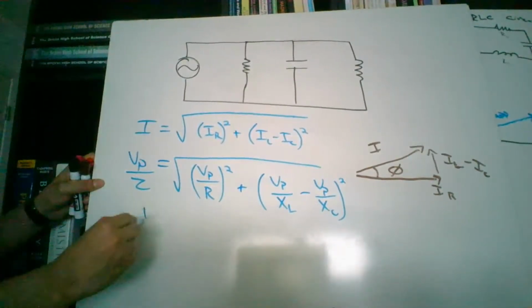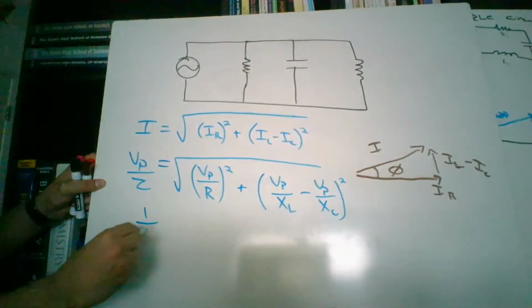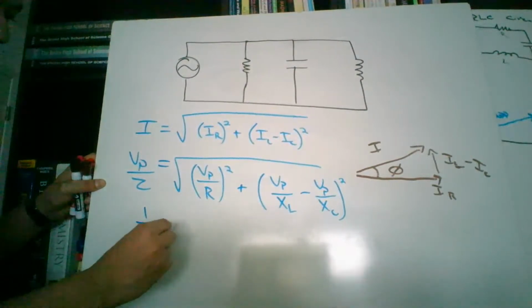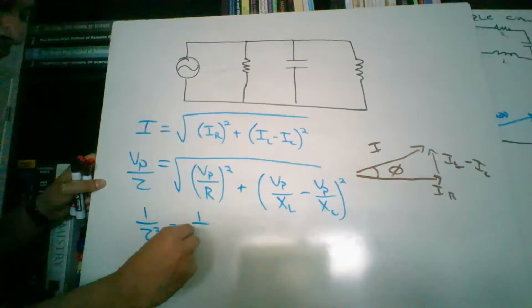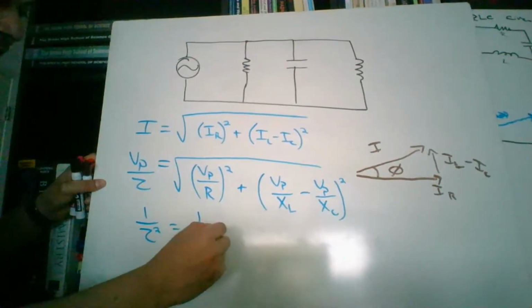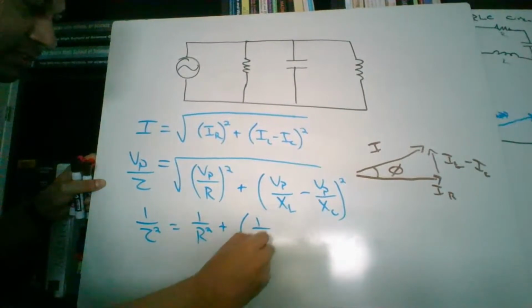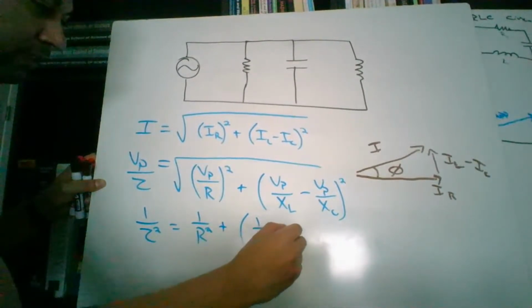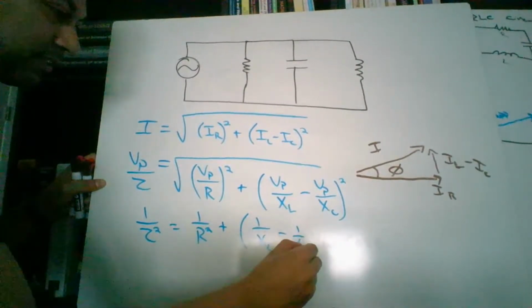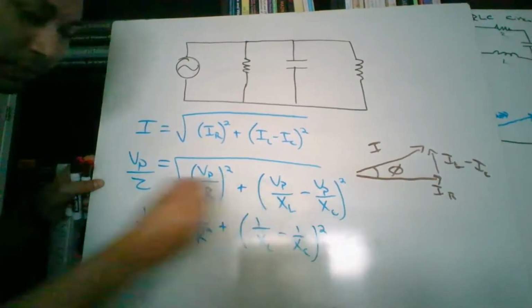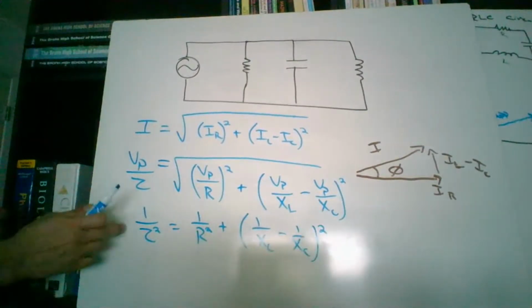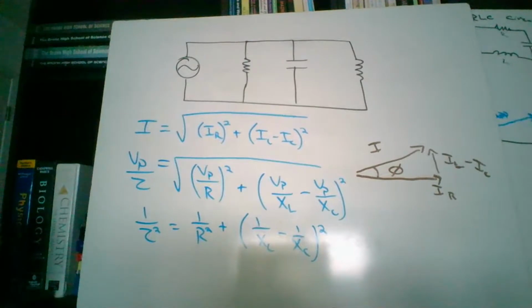And I'm going to write it like this: 1 over Z squared is equal to 1 over R squared plus (1 over X_L minus 1 over X_C) squared. And that is the formula for the impedance of a parallel circuit right here.